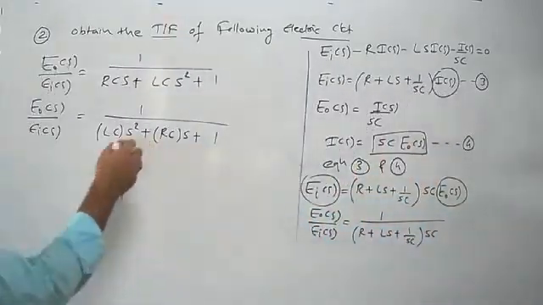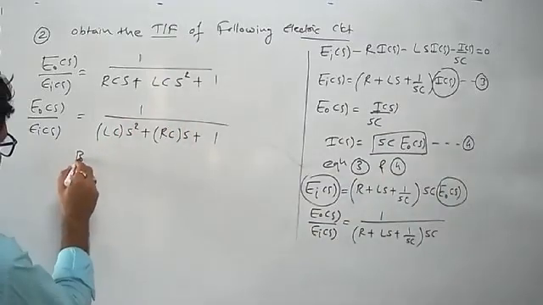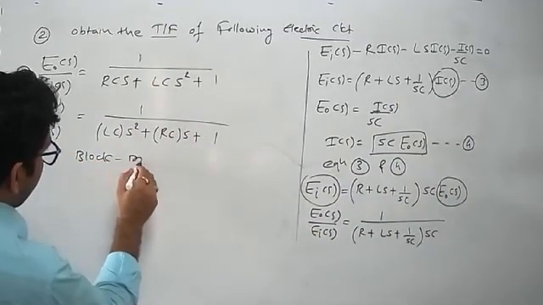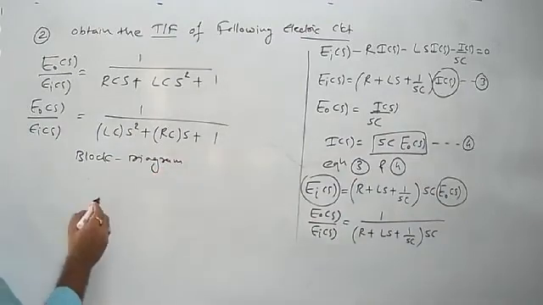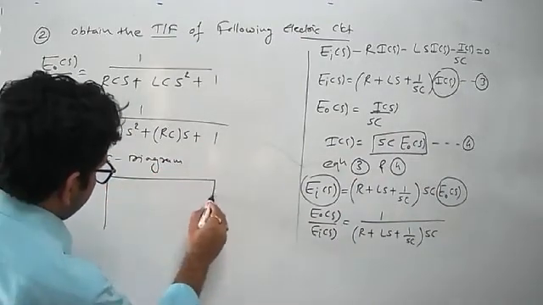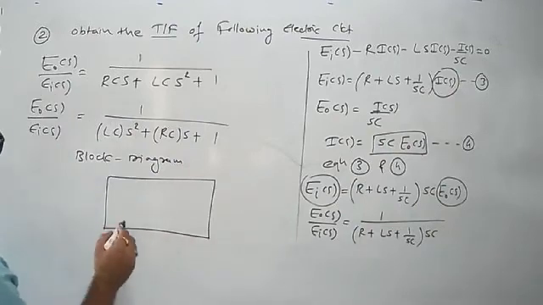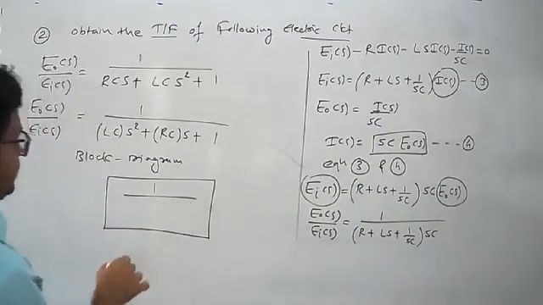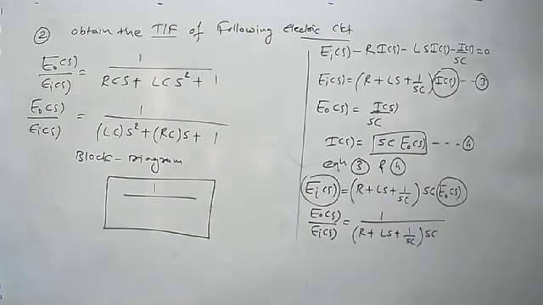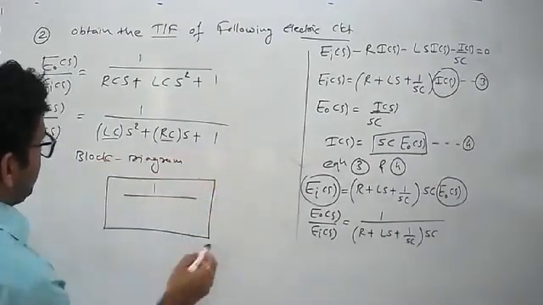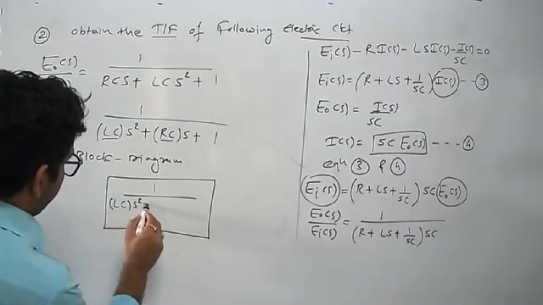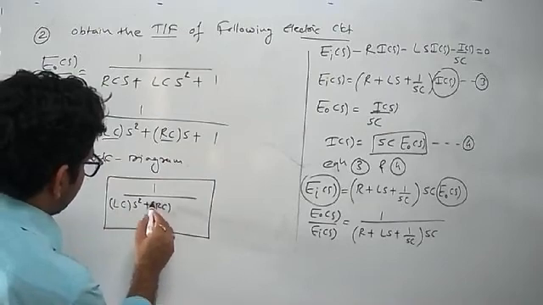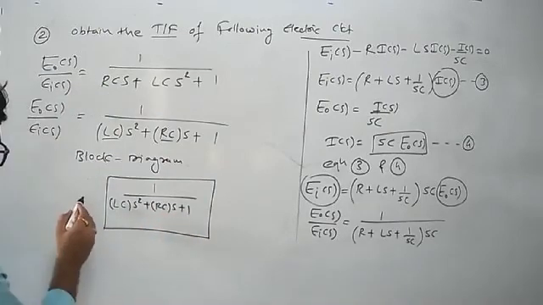So in block diagram representation, we can have the representation of the system like this. This indicates a block, and inside this block we need to indicate the parametric function of a given system, which only depends on system parameters. So here we have L into C multiplied by S square plus R into C multiplied by S plus 1.